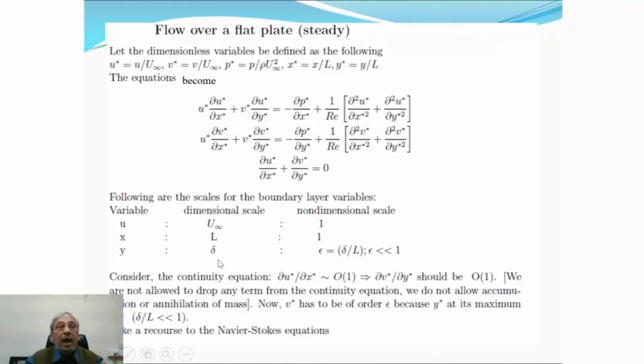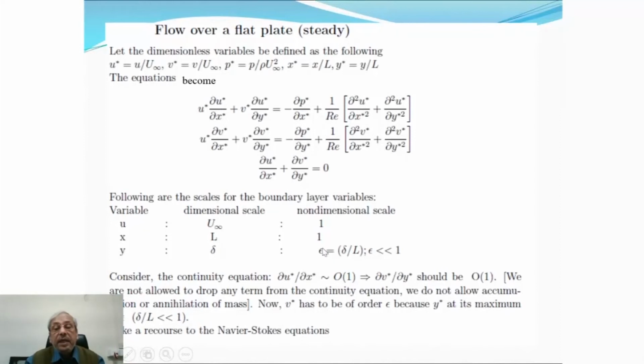Beyond delta, if we progress along the y direction, it doesn't carry any sense because velocity doesn't vary anymore. So the dimension of y till delta is non-trivial. Beyond delta, it becomes trivial.